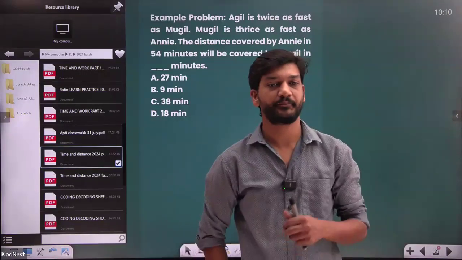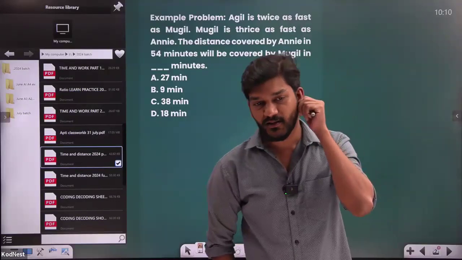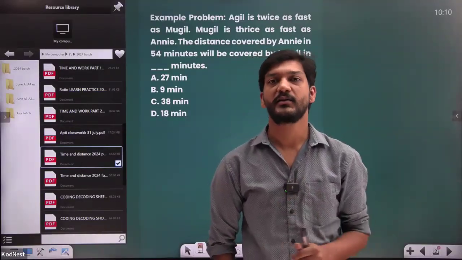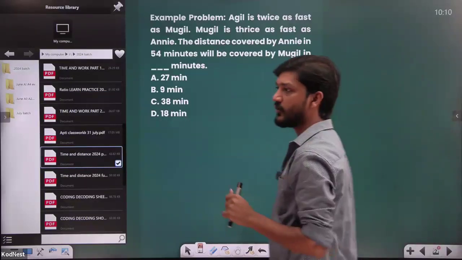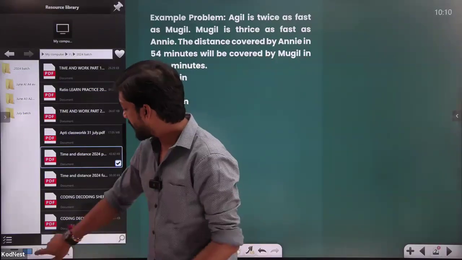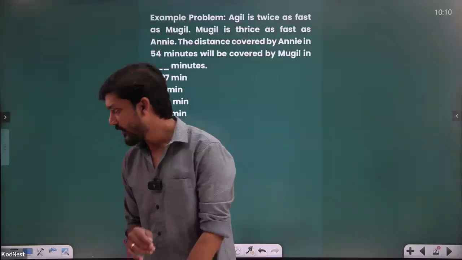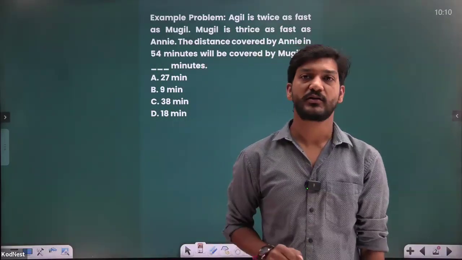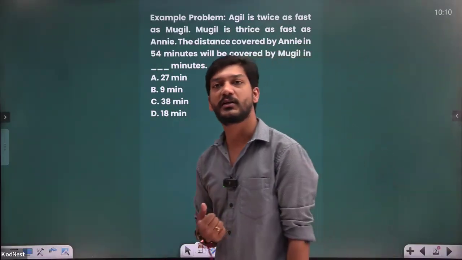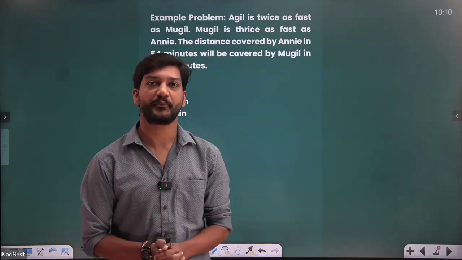All right. So, my dear, yesterday we were solving time and distance problems. This problem we have solved with the proportionality concept. Proportionality normally we apply wherever something is constant. If something is not constant, there is no concept of proportionality which can be applied.